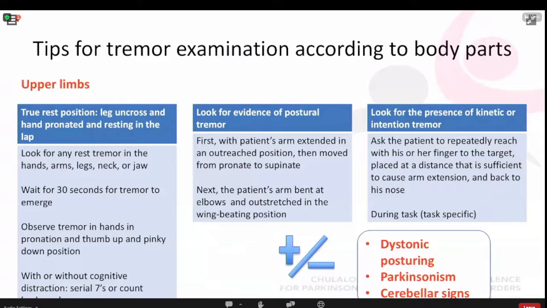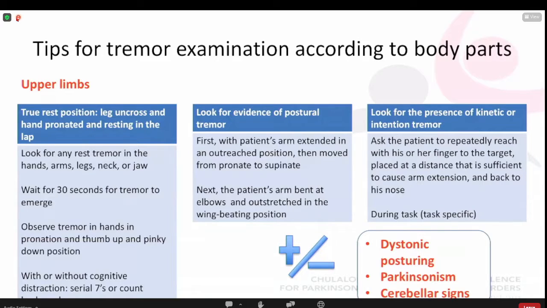And a little bit of tips for tremor examination according to the body part. For the rest tremor, I already talked about it in the morning. The second is for the postural tremor. First, you ask the patient to extend the arms in the outstretched position, in pronation, and then ask them for supination.